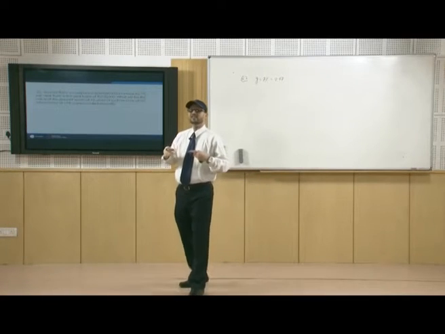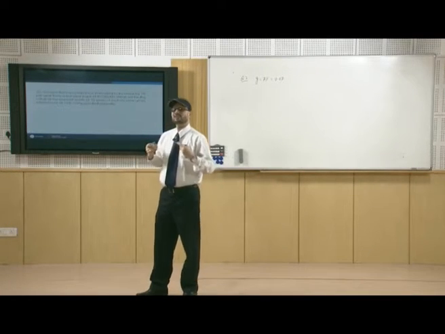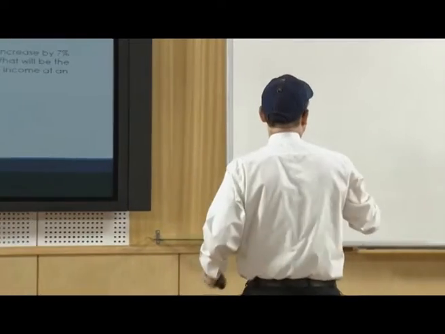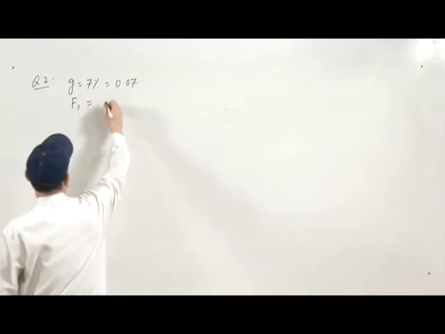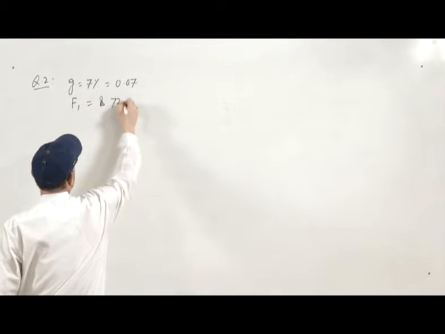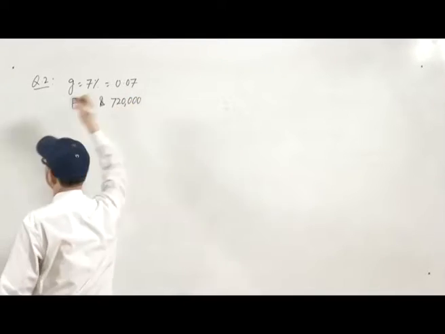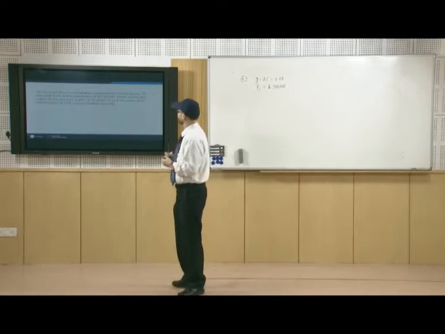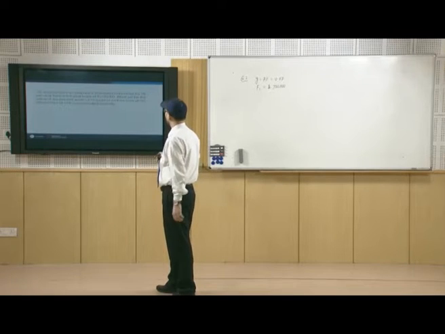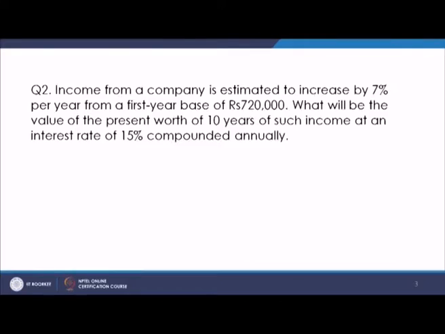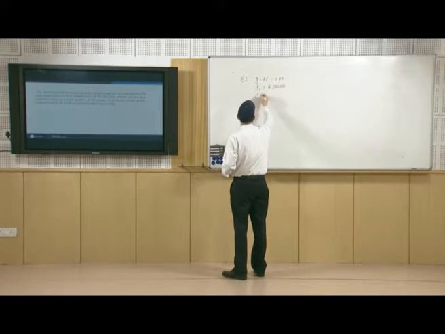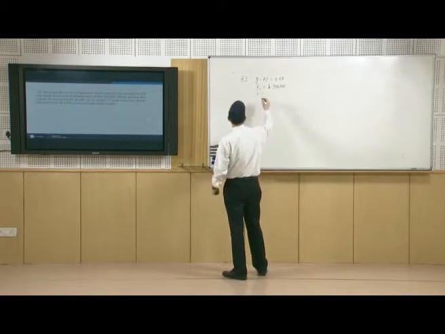This is the percentage increase with respect to the first deposit. F1, that is first deposit or first income, is given as rupees 720,000. Then what will be the value of the present worth of 10 years of such income at an interest rate of 15% compounded annually? So, what you have been given is annual interest rate is 15%.